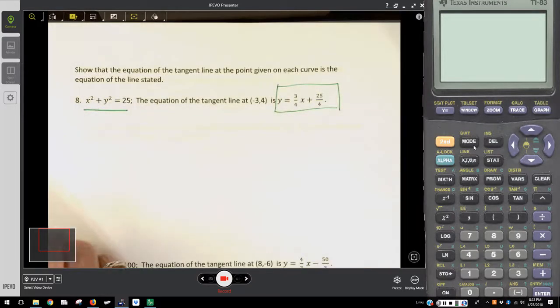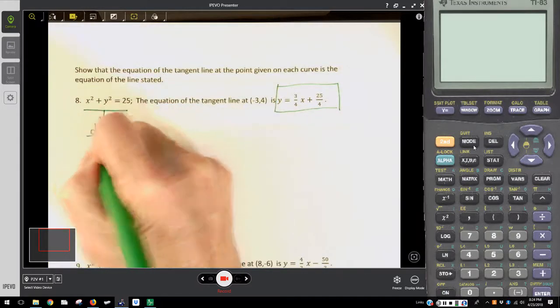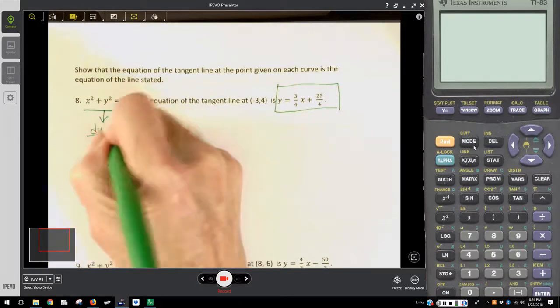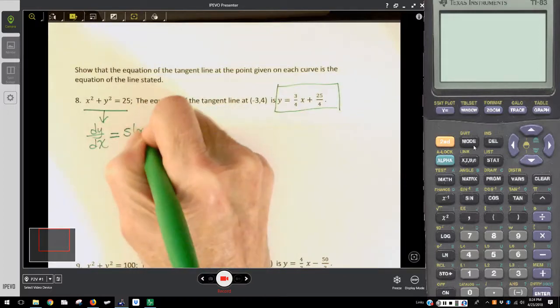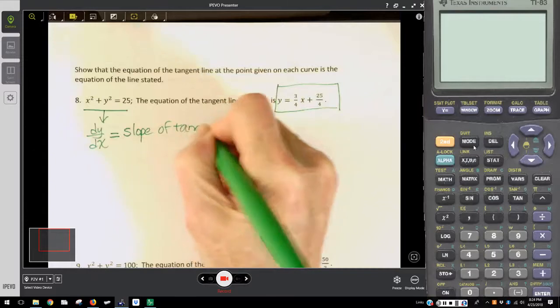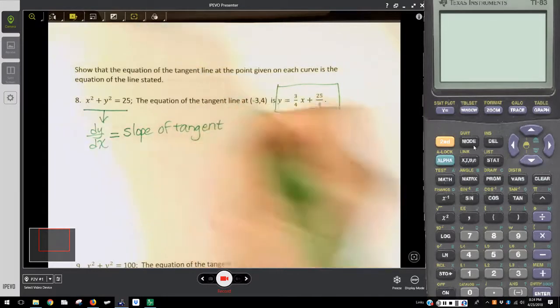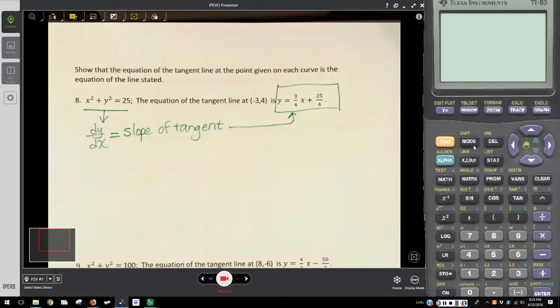So the first thing we need is to know what is the derivative, or dy dx, because the derivative, or dy dx, is the slope of the tangent line. So when we do the slope and we evaluate it, we should come out with 3/4.